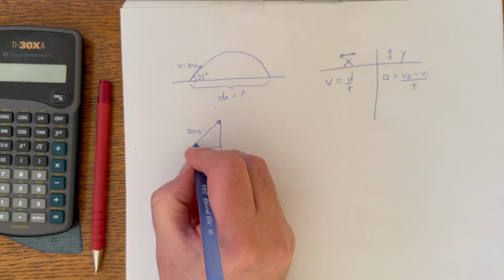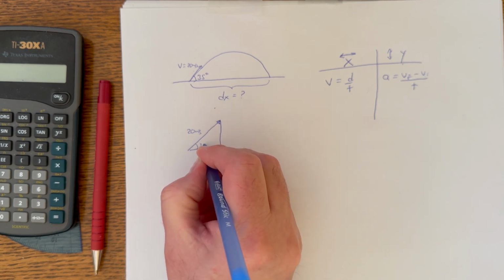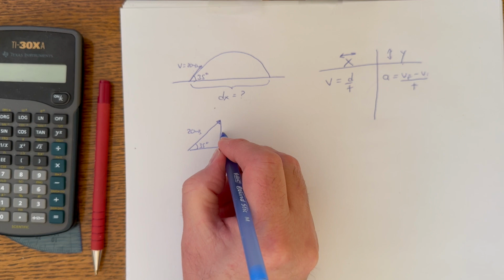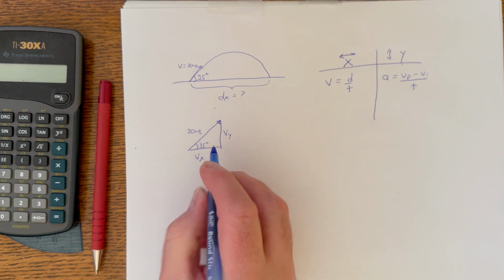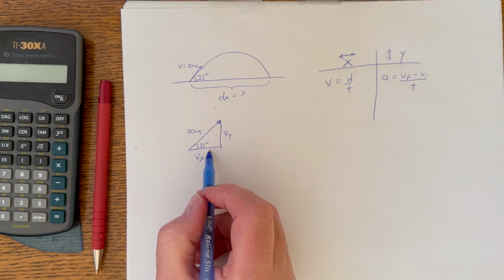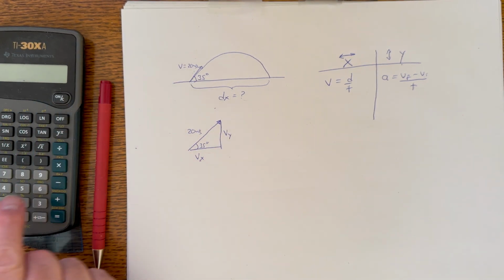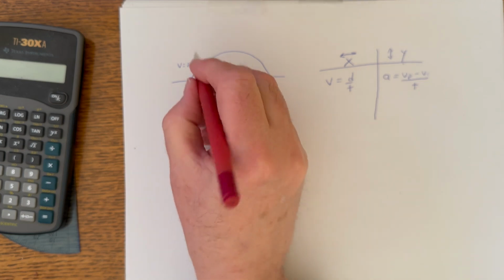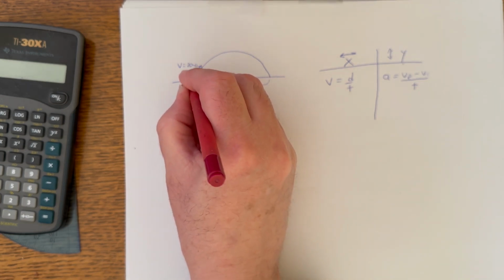It's launched at an angle, going upwards like this, 35 degrees. I need to find the y dimension of the velocity and the x dimension. Now the x dimension, whatever I find, it's going to be a constant velocity. Gravity doesn't pull sideways. This one is going to change. How's that going to change? Well, consider. Initially, in the y dimension, it's going straight up like that.